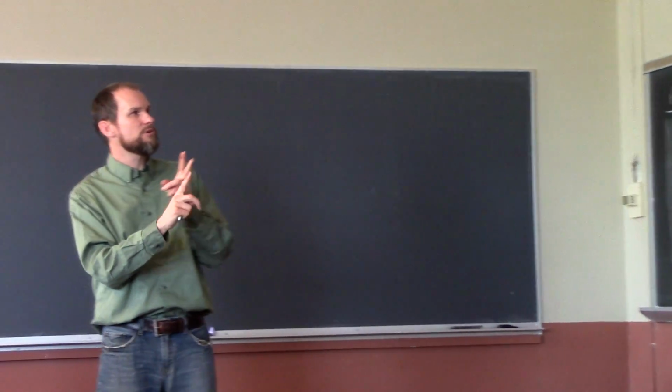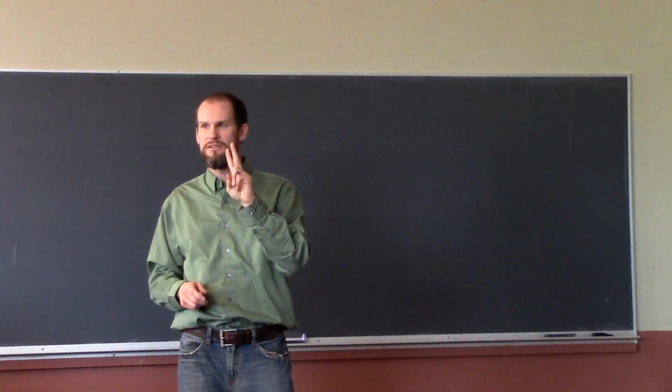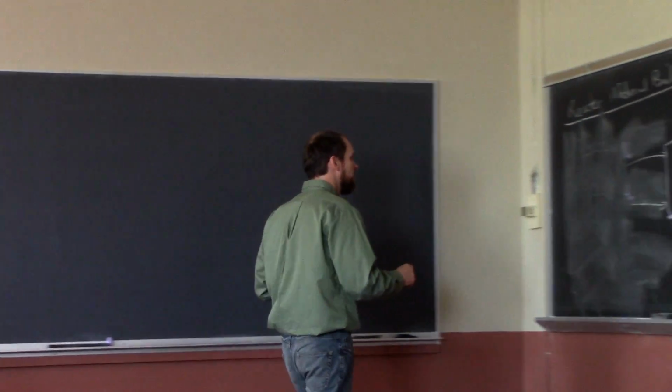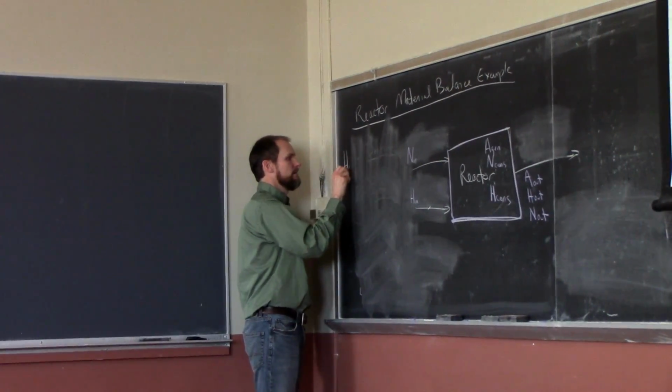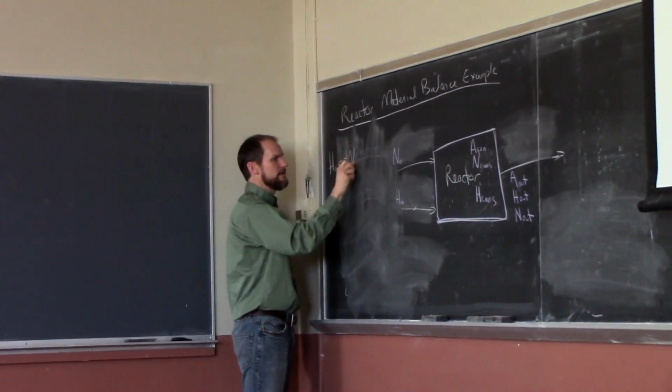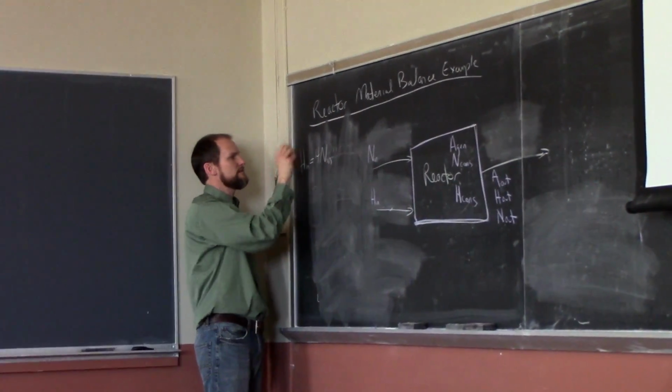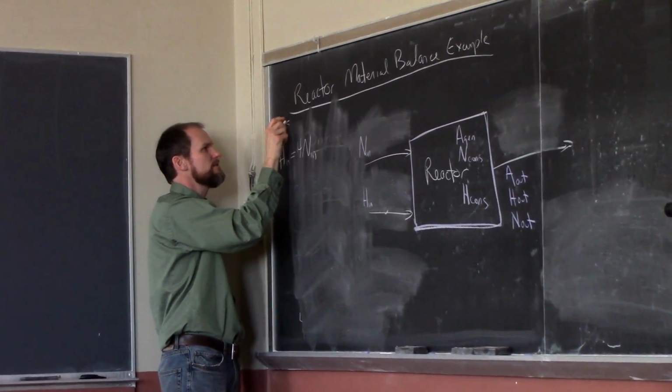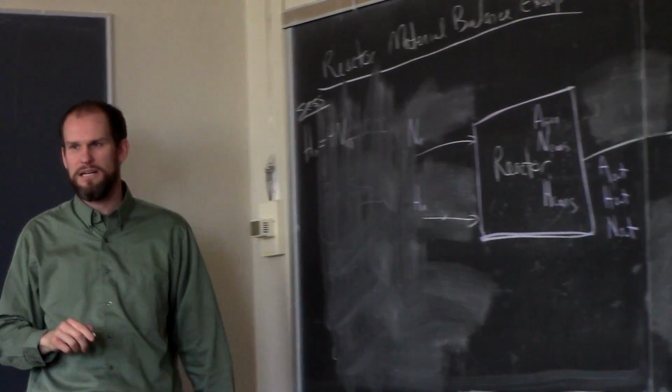4 gram moles of hydrogen per gram mole of nitrogen. What's the equation? H in equals 4 N in. So these are specifications. Is that a system specification or a stream specification? Stream. That's a stream specification.